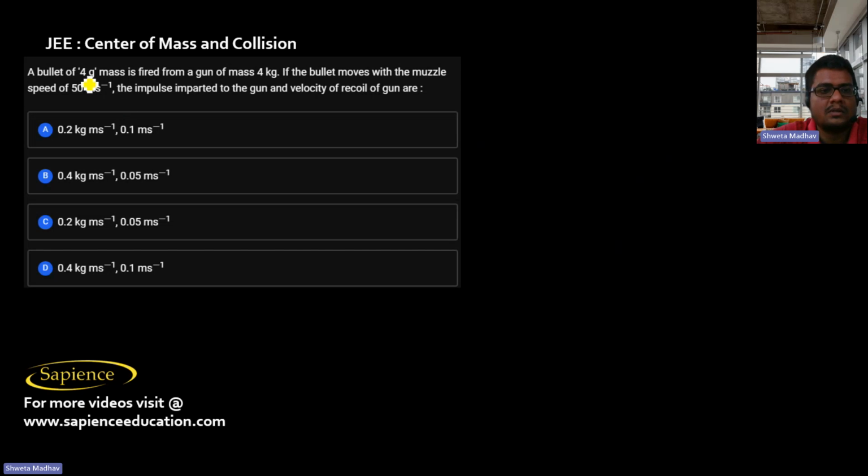Then here it is told a bullet of mass 4 gram is fired from a gun. There is a gun. The mass of the gun, capital M, is 4 kg and the mass of the bullet is 4 gram, that is 0.004 kg.